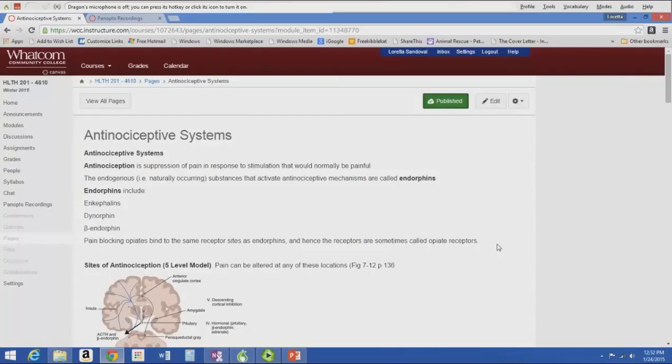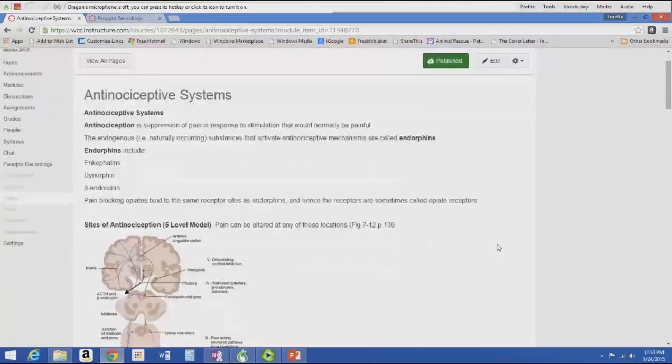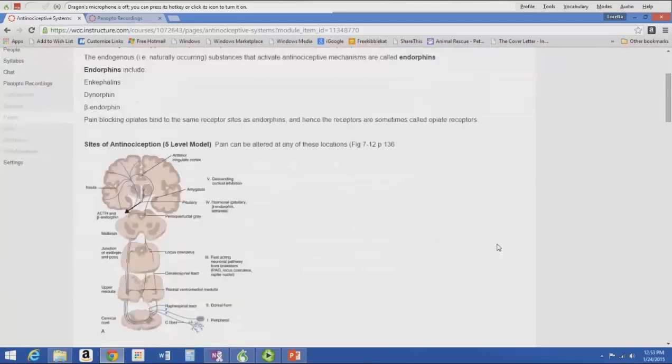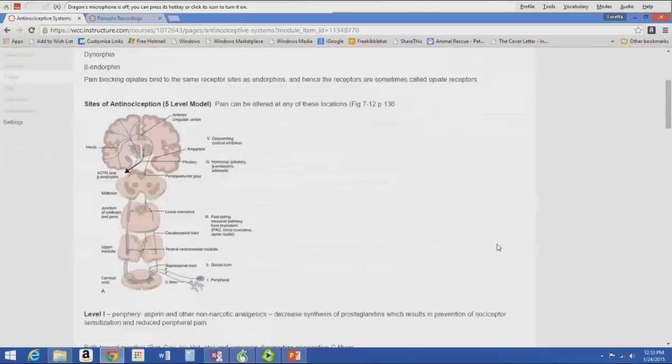So sometimes those endorphin receptors are called opiate receptors. So isn't it amazing that there is a plant in nature that creates a molecule that binds to the same receptors as our endogenous pain control systems? Very interesting. It's sort of amazing that that happens, I think.